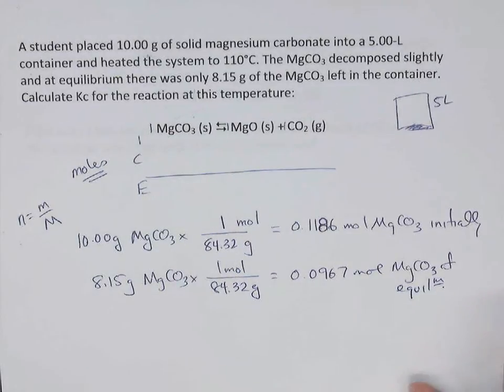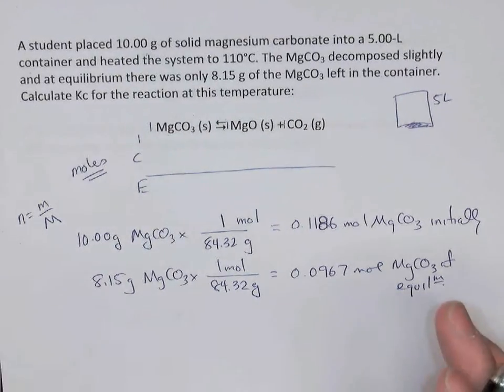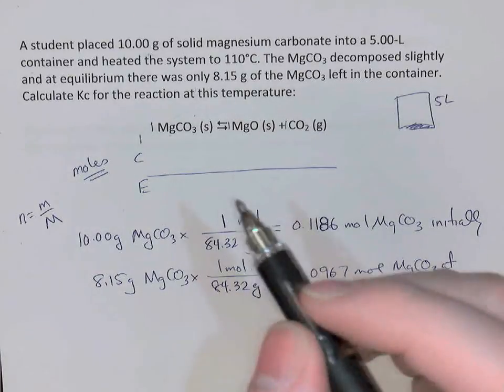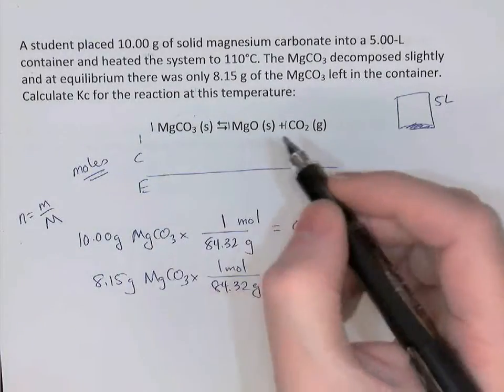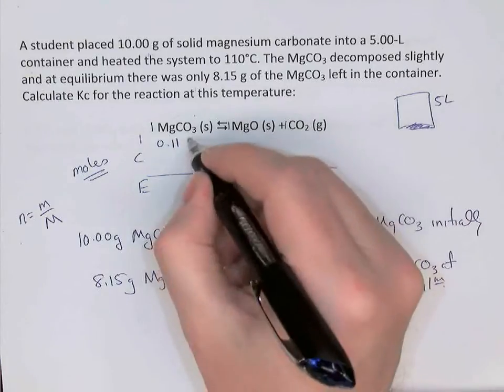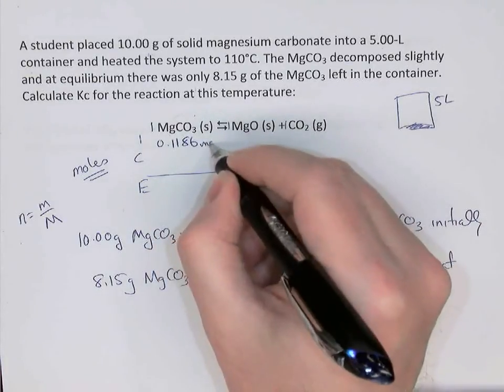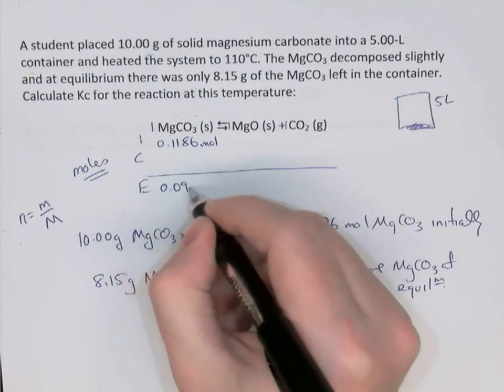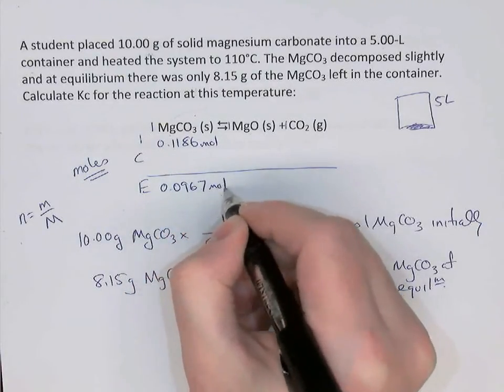So now I'm going to fill in this ICE table using moles, and then we'll focus on the gas because it's the only thing that's going to be in the equilibrium expression. Taking the initial moles of magnesium carbonate, 0.1186 moles, and at equilibrium, 0.0967 moles.